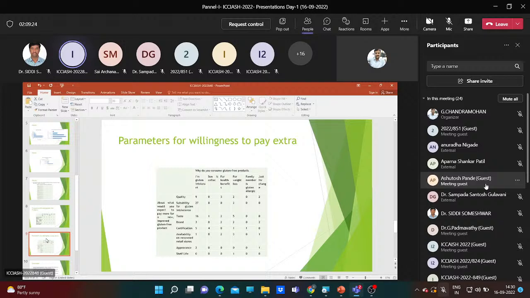After that, taste and quality were ranked second and third respectively in willingness to pay more for these products. And the respondents were also ready to pay for appearance and shelf life, ranked second. Availability at a renowned store was also one of the major factors that made all these parameters differ from others.